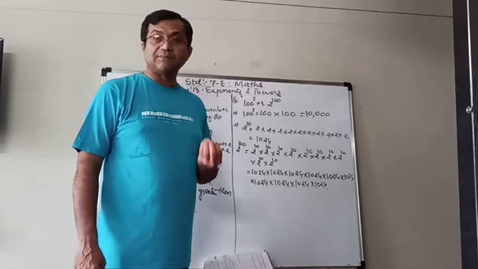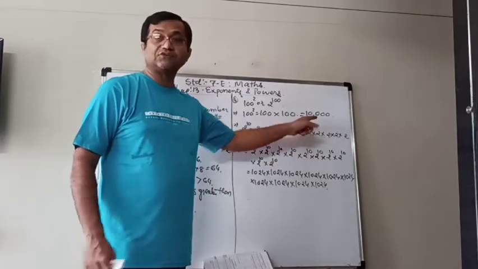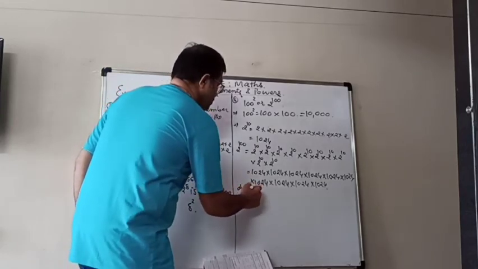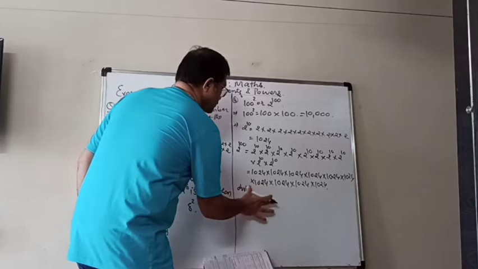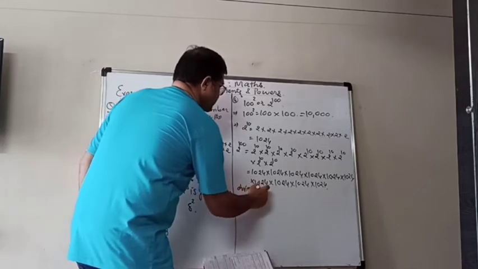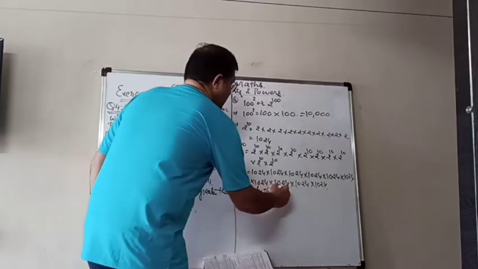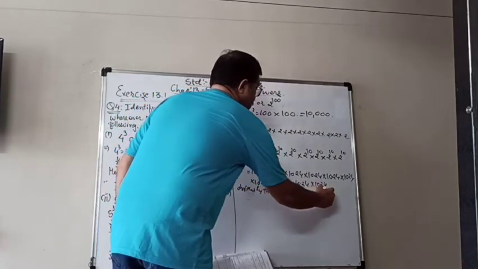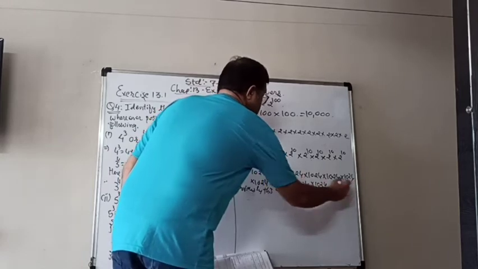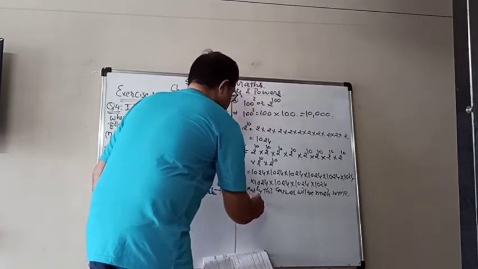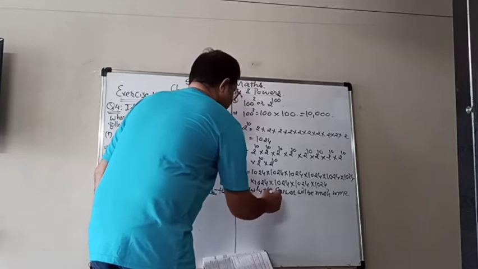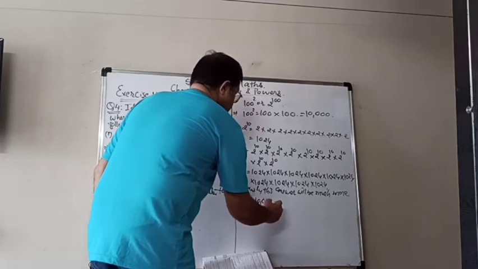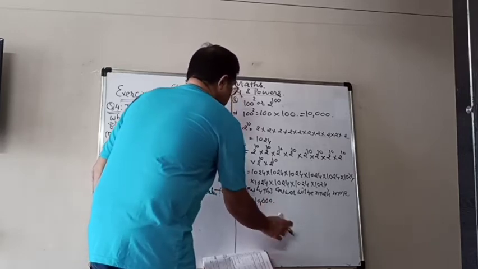Obviously, the big multiplication will be much more than 10,000. Therefore, 2 raised to 100 is greater than 100 squared.